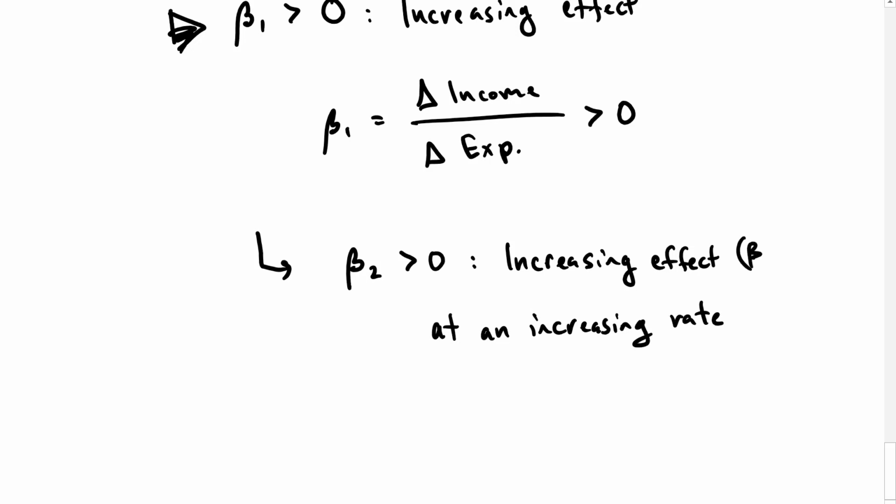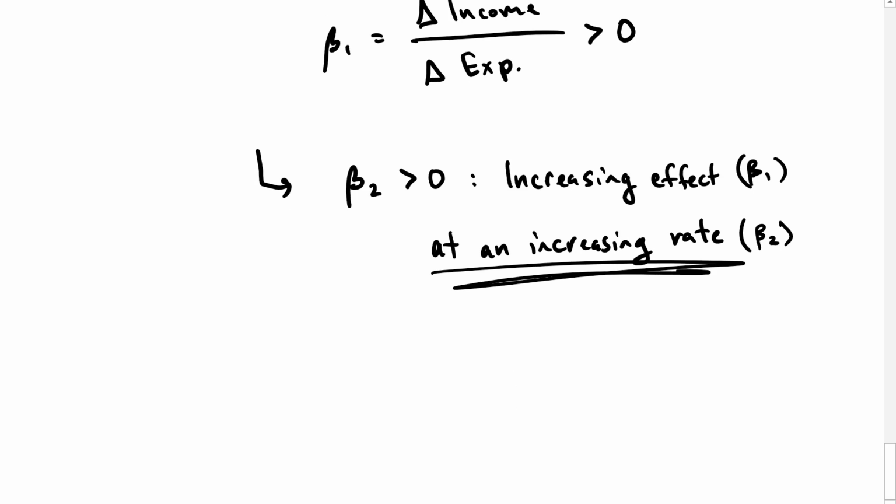Right? So the increasing effect is the beta 1. At an increasing rate is the beta 2. That would be like increasing returns to scale, or increasing marginal product or something like that.